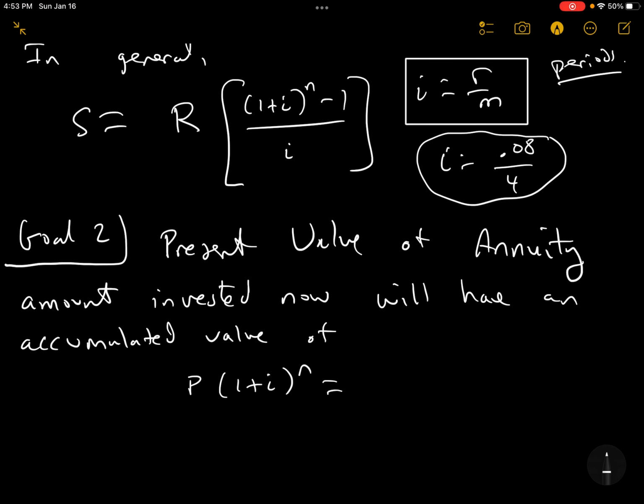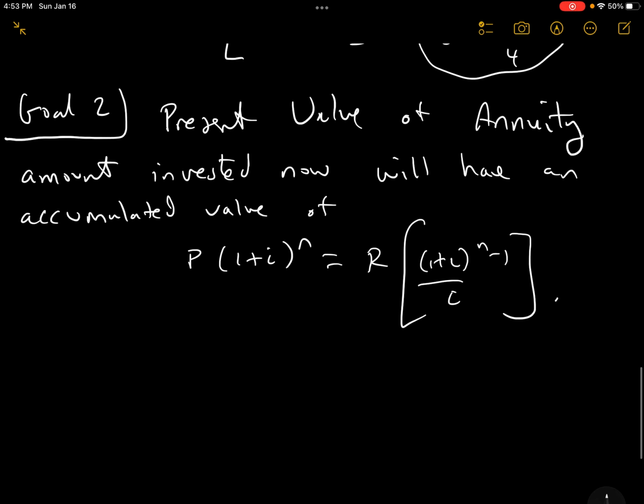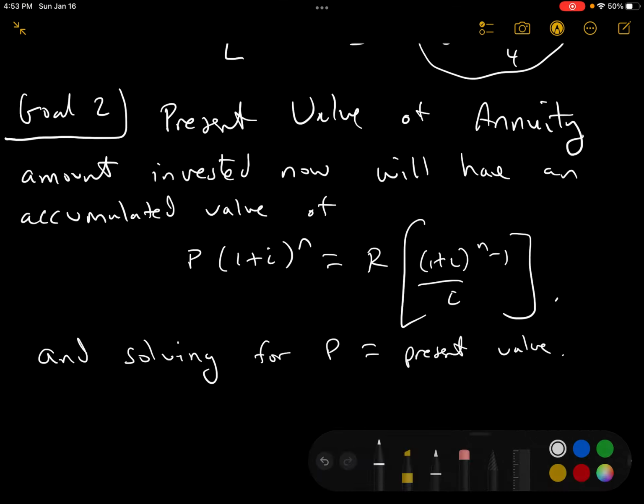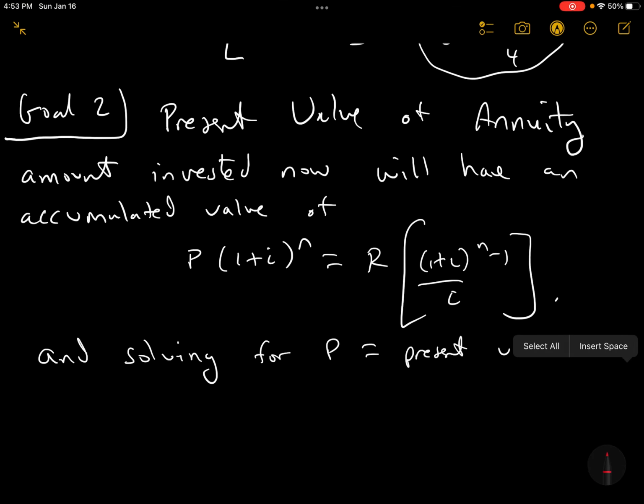And we're setting this equal to what we know is the final amount, and solving for P. And this will give us the present value of the annuity. Okay, so we do a little bit of math on this formula here.